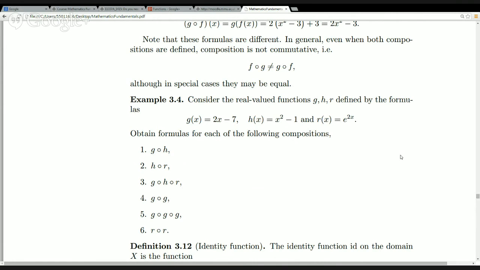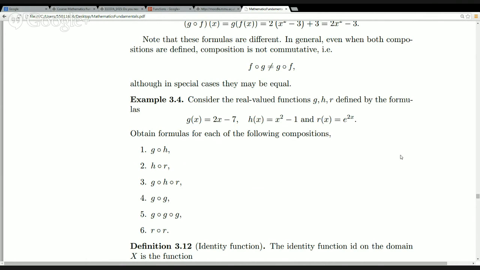So you'll have to double that and subtract 7. That's performing this middle G, but then you have to perform the outer G. So again, you have to double the input of the outer G. So that's doubling all of that and subtracting 7. So whatever that is, that's the value.